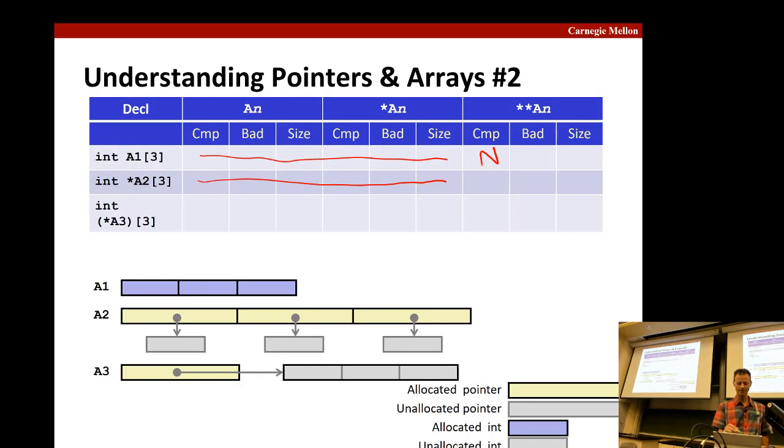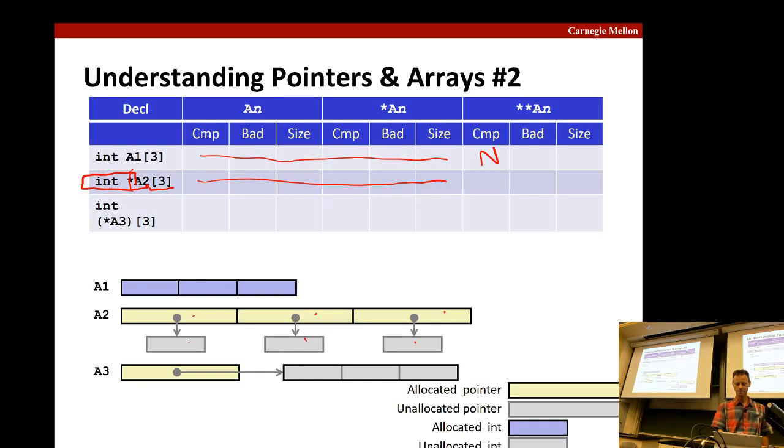This one's kind of interesting. What's A2? A2 is an array of 3 things that are pointers to integers. So it actually looks like this: you've got the 3 pointers, each of which points to integers. Now if I do the double dereference of that, what's going to happen?